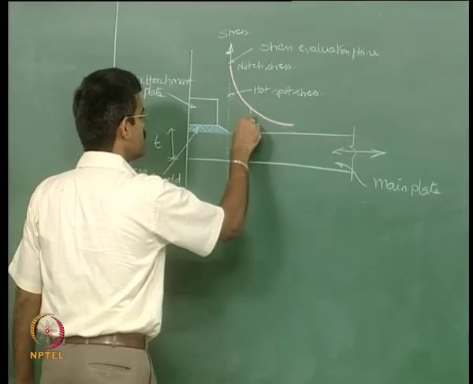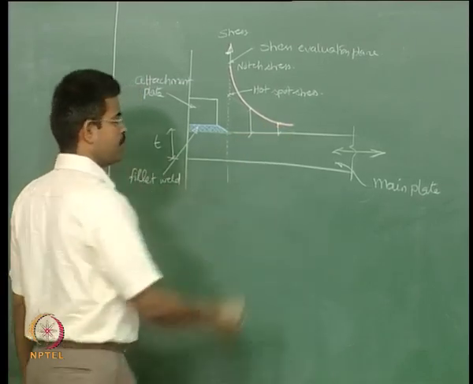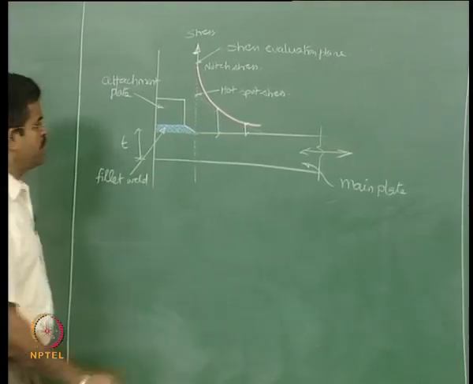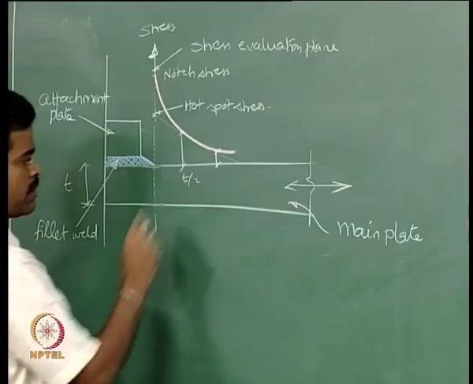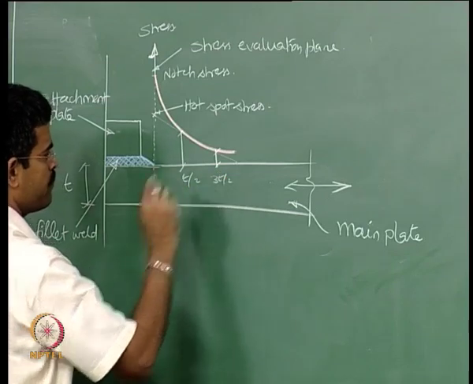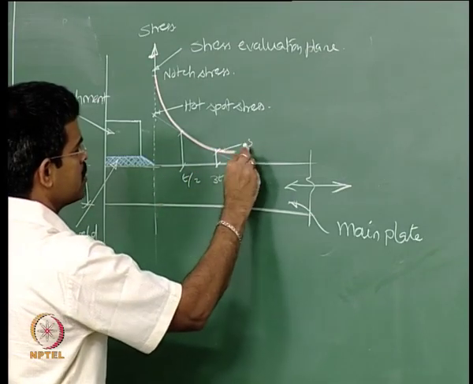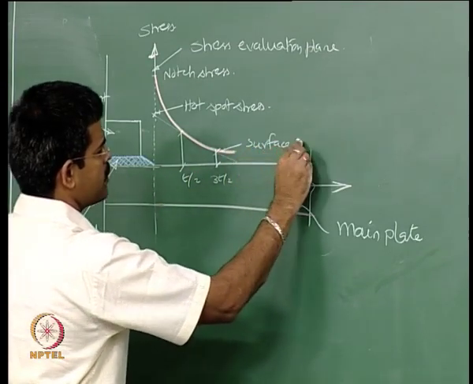And the reduction keeps on happening at a spatial variation of T by 2, 3T by 2 and so on, and at this place we call this the surface stress.